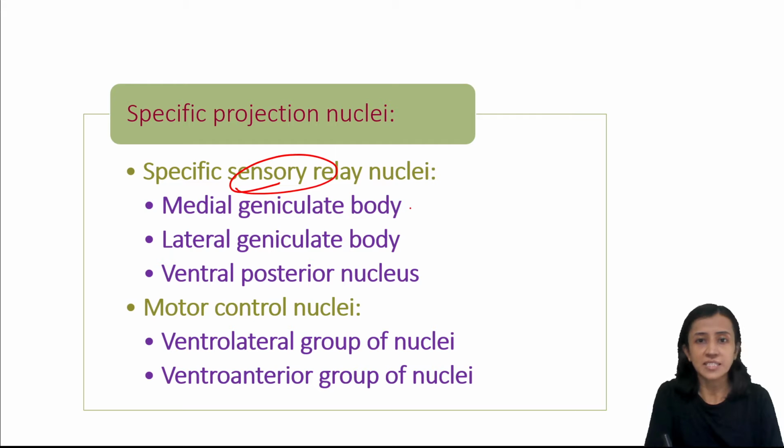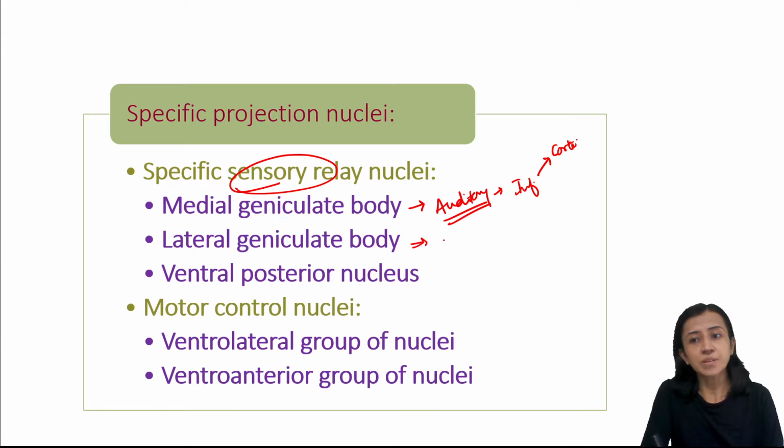The medial geniculate body, as I told you, is the specific sensory relay nucleus for the auditory pathway. It receives impulses from the inferior colliculi and then gives them to the auditory area of the cortex. The lateral geniculate body receives impulses from the visual pathway. It is part of the pathway of the visual tract, the optic tract.